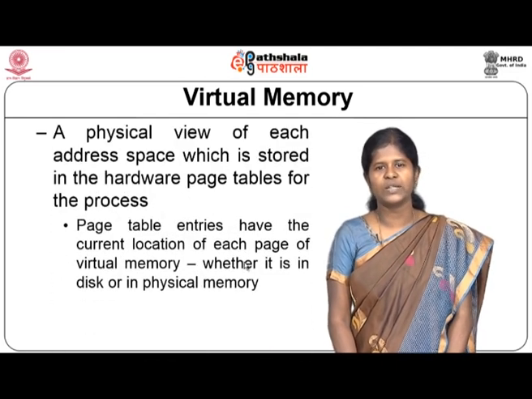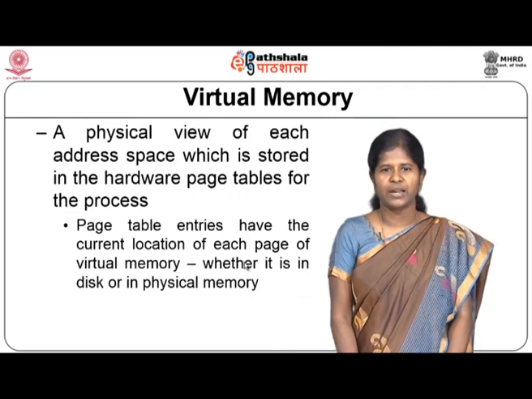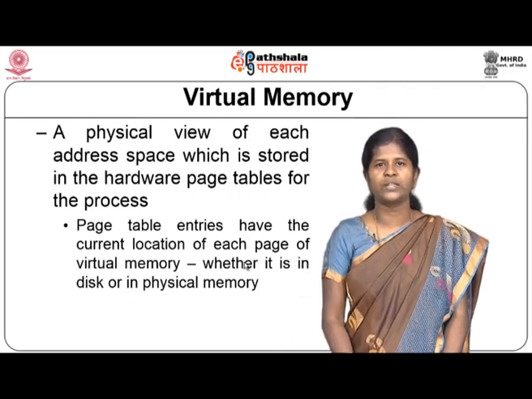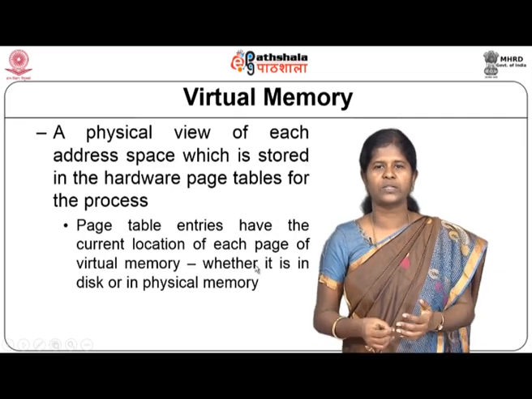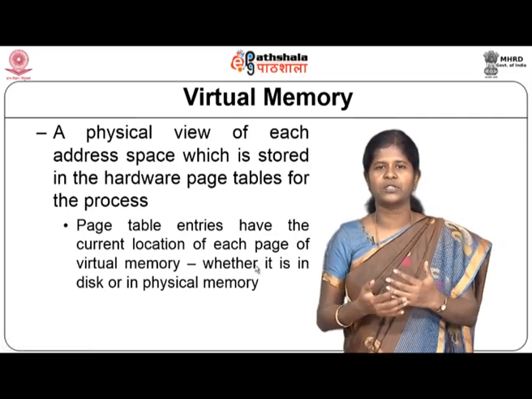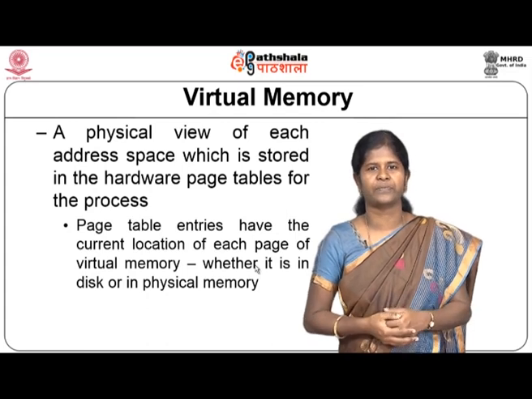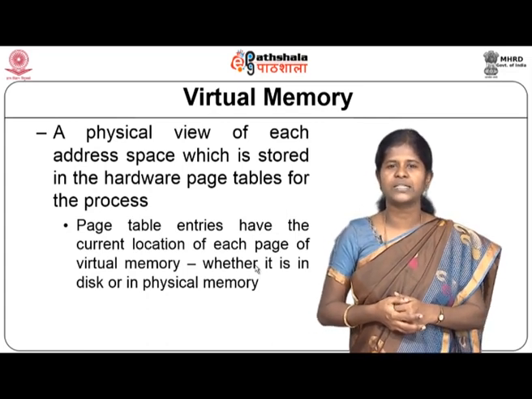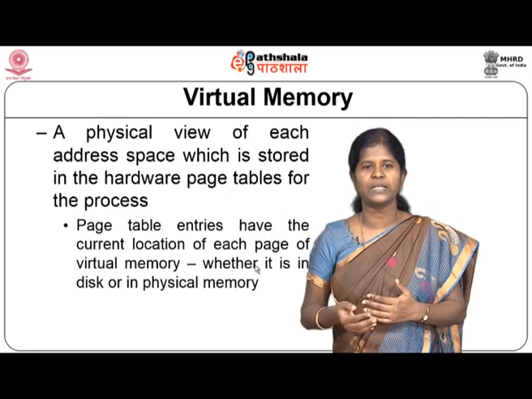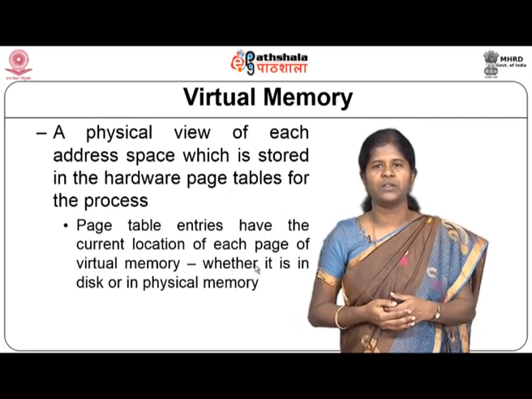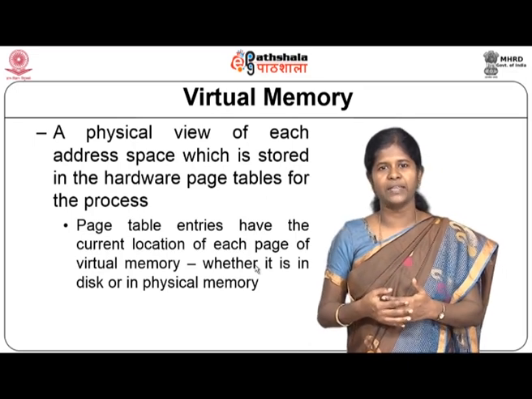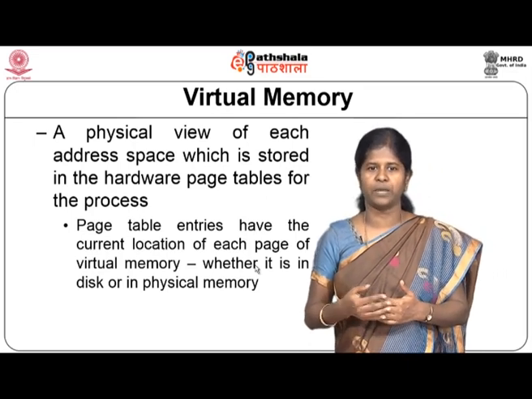The second view is the physical view of each address space, which is stored in the hardware page tables for that particular process. Here the process is looked at as comprising a number of pages, and the entries or locations of where the pages are kept in memory are entered in the page table. The pages can either be kept in the main memory or in the disk.